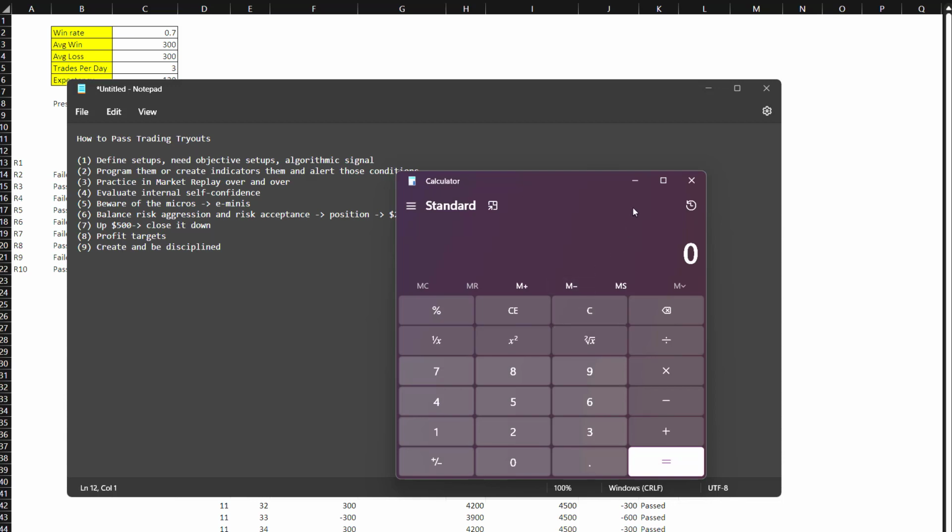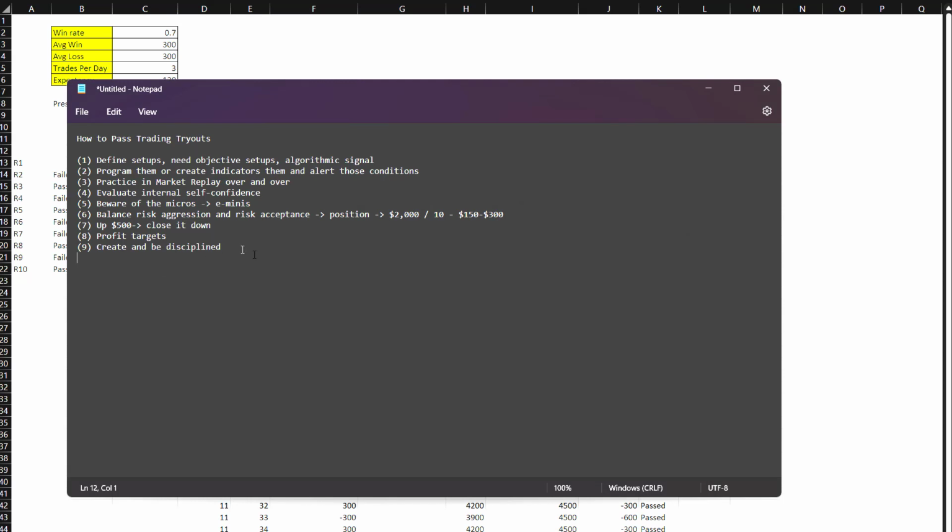So in order to mitigate that, you're going to need a plan, right? And I'm going to say a basic plan is this: risk $150 to a max of $300 per trade, okay? You're going to shut down, stop trading, say if you're up greater than $300 to $500 on the day.